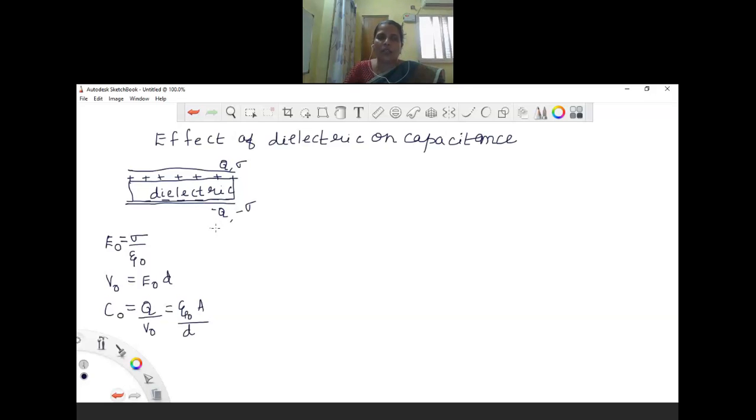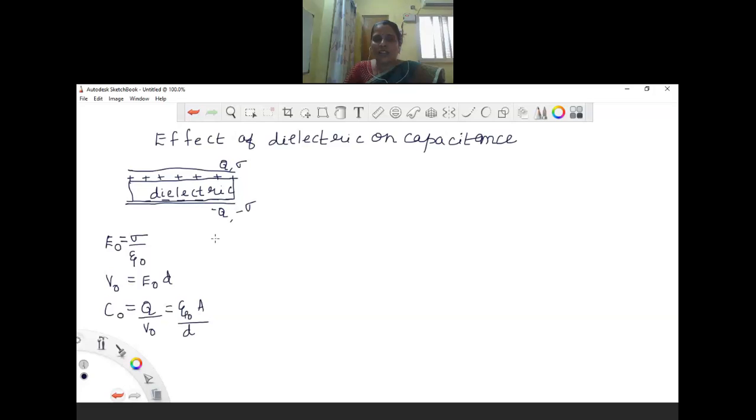Let's see now. When we keep the dielectric between the two plates, the dielectric is polarized. And what does the electric field between the two plates become now? The electric field will depend on the surface charge densities of the two conducting plates.